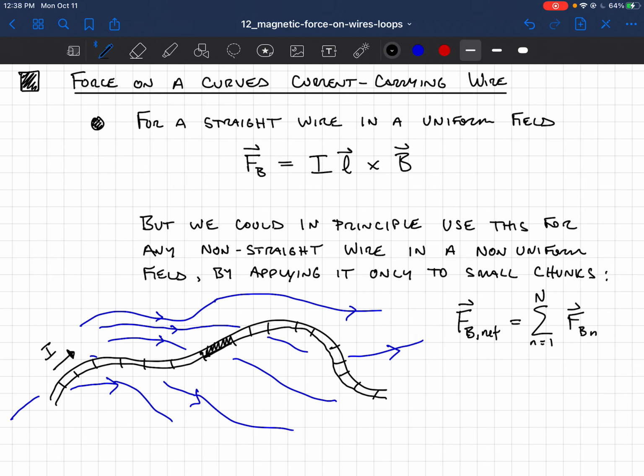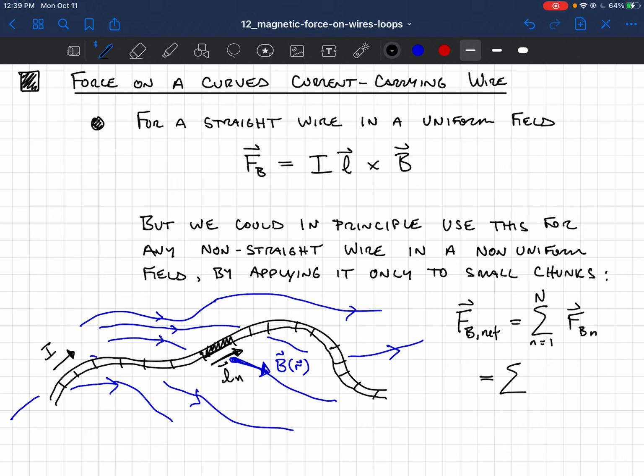And what will that force be? Well, it will depend on the particular length vector for that chunk, which we could call Ln, like this. And it will depend on the magnetic field vector at that position, which we could call B at whatever that position in space is, R.